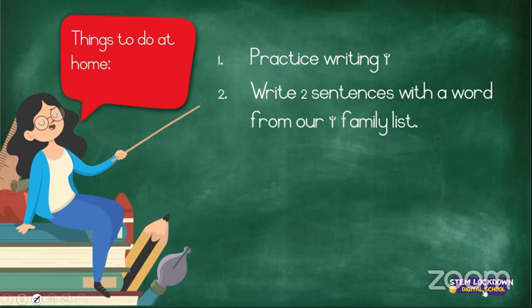He told us what we use bibs for. He said that babies use bibs. Maybe you can use the word bib and write a sentence and say, babies use bibs when they drink milk. All right. So you can choose 2 words from your family list and write 2 sentences, okay?